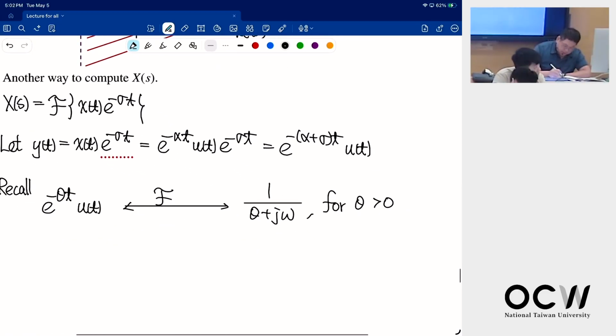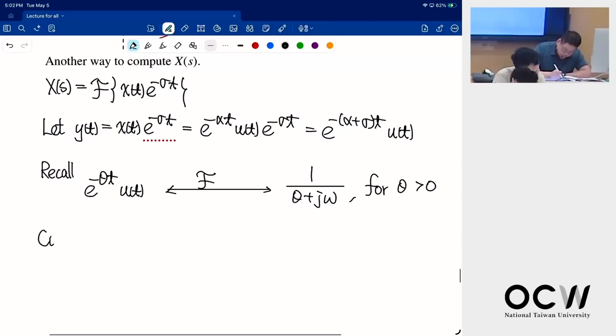So we can compute the y, that's the Fourier transform of your y(t).